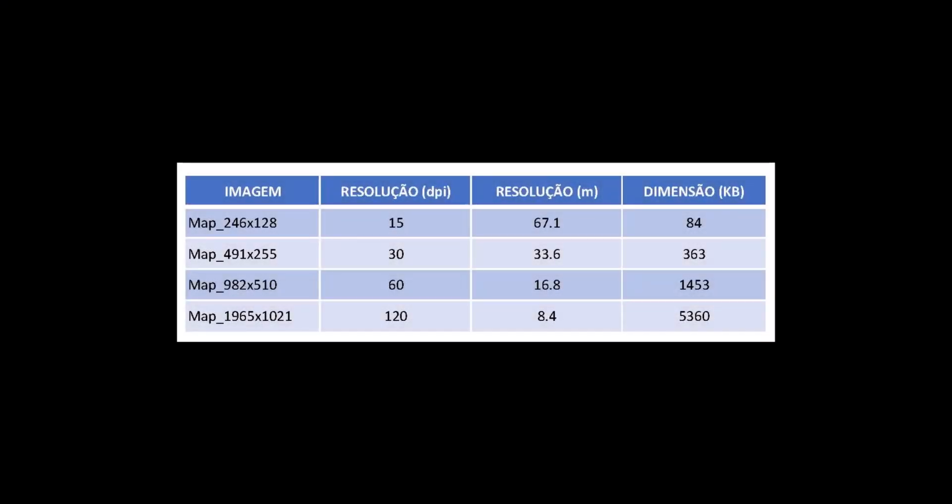Another interesting aspect concerns the file size of the images that have been created. As you can see, roughly speaking, the size of the images quadruples as we double the number of pixels in each of their dimensions. 84 kilobytes, 363 kilobytes, 1453 kilobytes, and 5360 kilobytes.